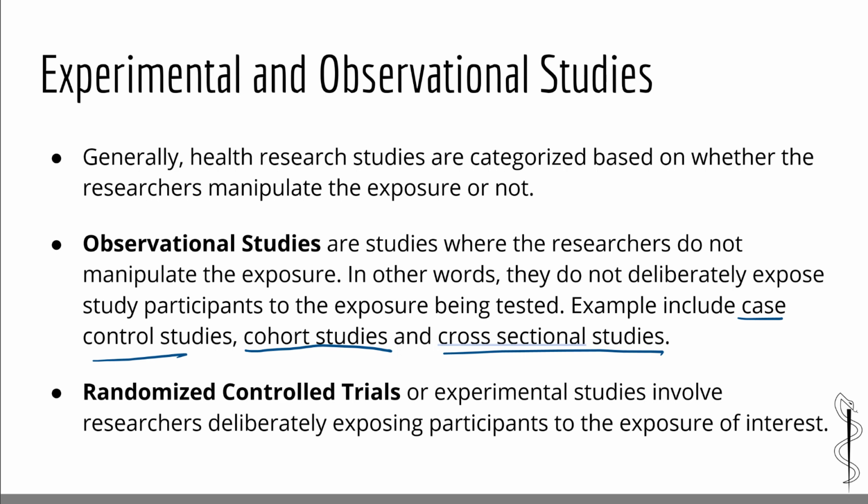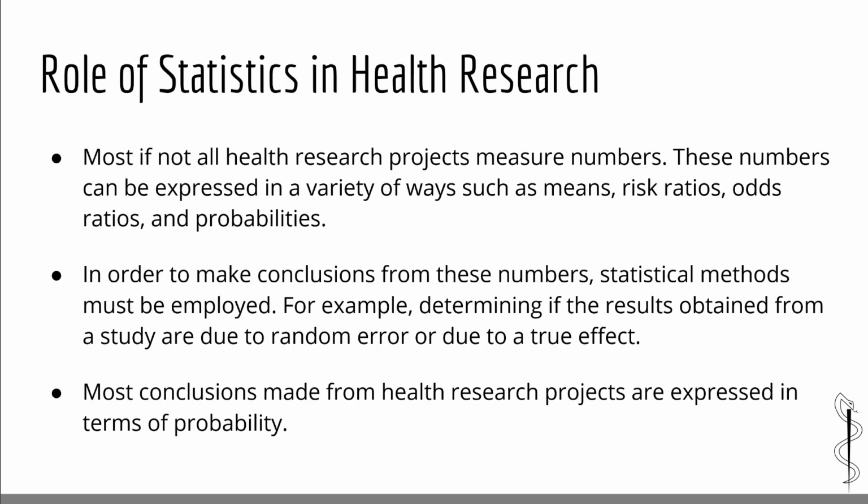That is, they deliberately expose some of the study participants to the exposure of interest in order to see if they develop the outcome of interest. We're going to perform an in-depth analysis of randomized controlled trials as well as the other major study designs in later videos. Now let's talk about the role of statistics in health research.